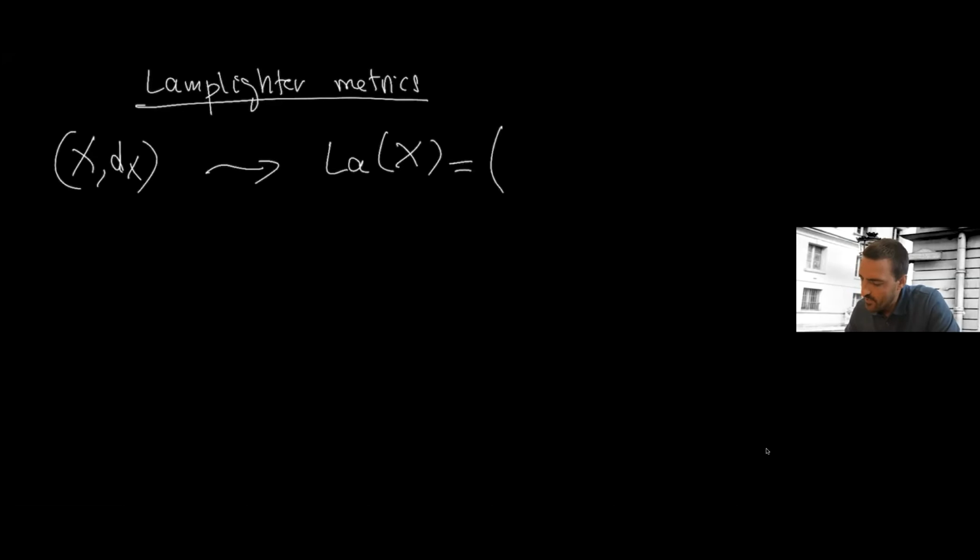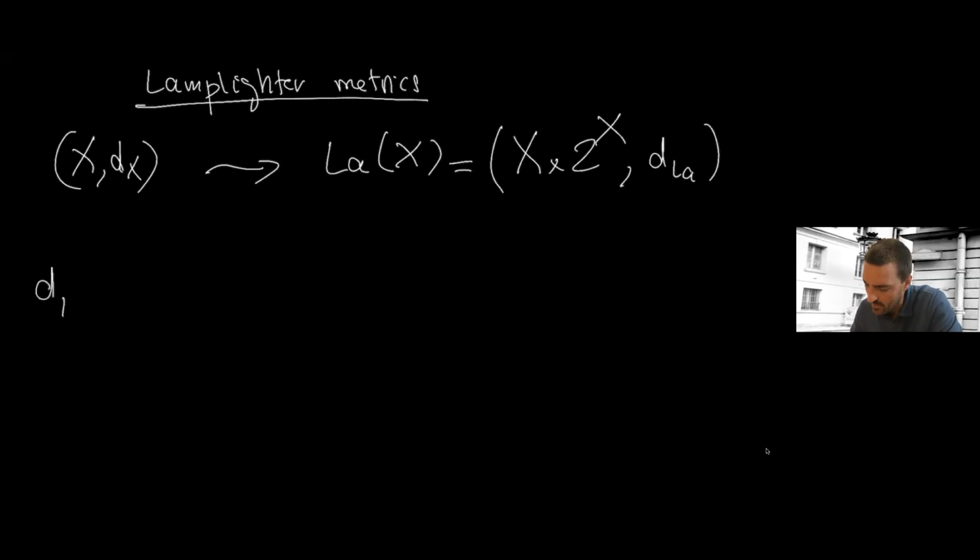So now you have the metric space X. Okay, and what I want to define is the Lamplighter metric associated to X. So this is going to be a metric on the set X cross 2 to the X, and you're going to equip this with a metric.